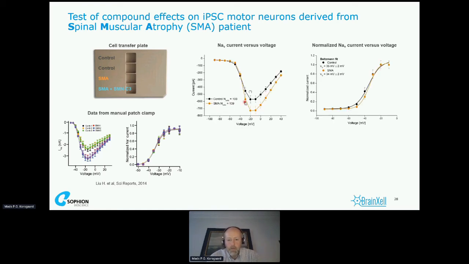Again, you can appreciate a control and the SMA, and when adding the compound to these cells, you rescue back to the normal level. The data over here that we are proudly mimicking are from the literature, so that looks very nice. These data indicate very well the power of automated patch clamp on these types of cells.